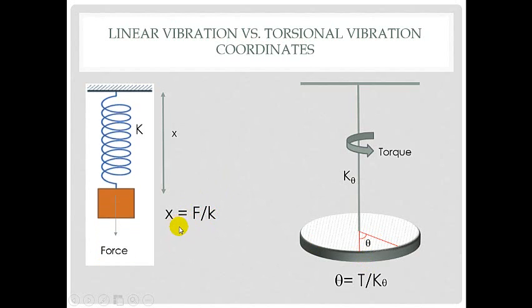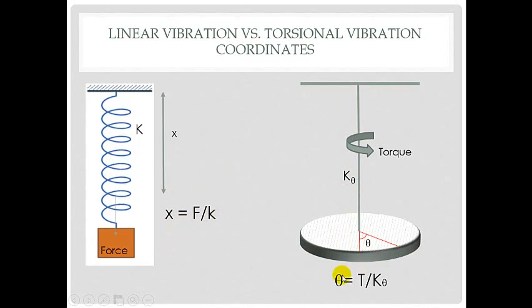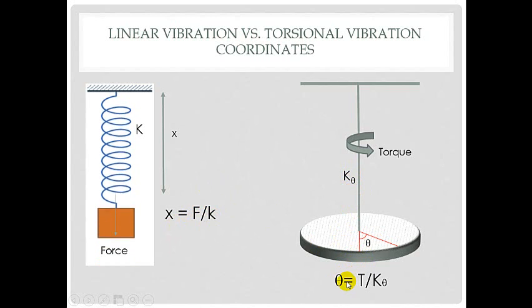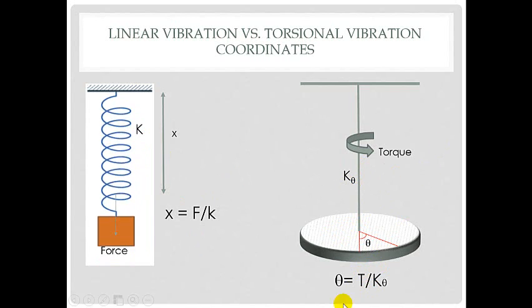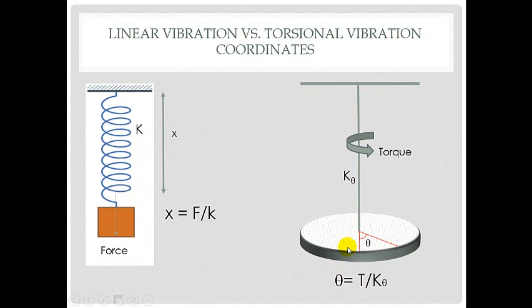So solving for x, you have force divided by your stiffness. Similarly, in order to solve for theta, you have your applied torque divided by your torsional stiffness. So again, there really isn't much difference mathematically between the two. Of course, as far as physics goes, the displacement is in the linear direction, while in torsional the displacement is in the angular direction. But other than that, there's no difference mathematically.